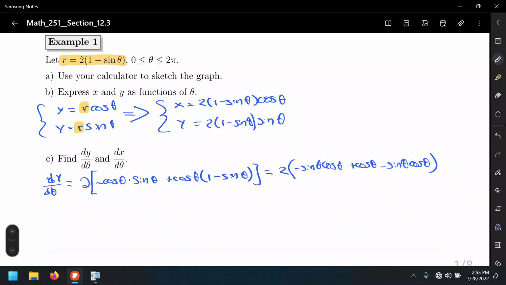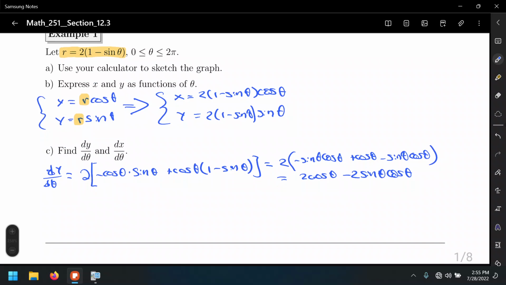Alright, and combining terms together, we end up with 2 times cosine minus 2 sine theta cosine theta. And the last term is an identity. We can talk about this one when we're done with the example. So that's the derivative of the y equation.